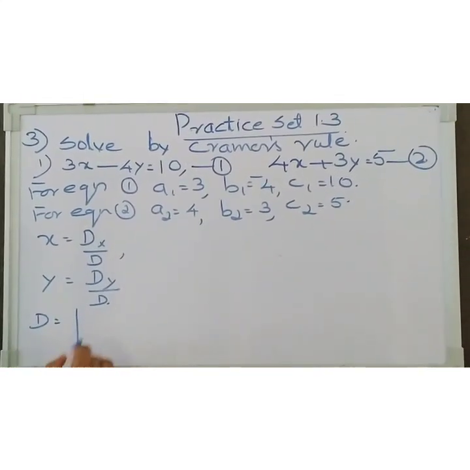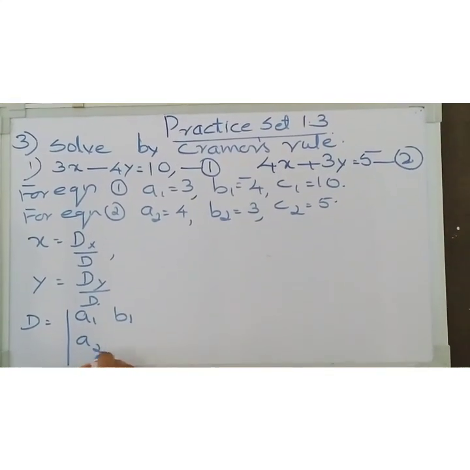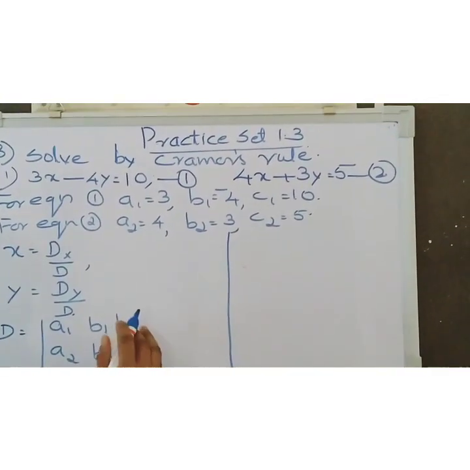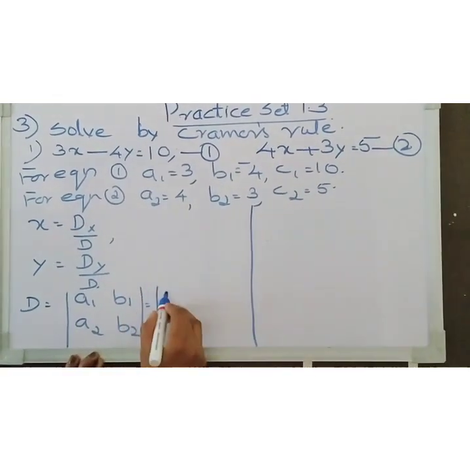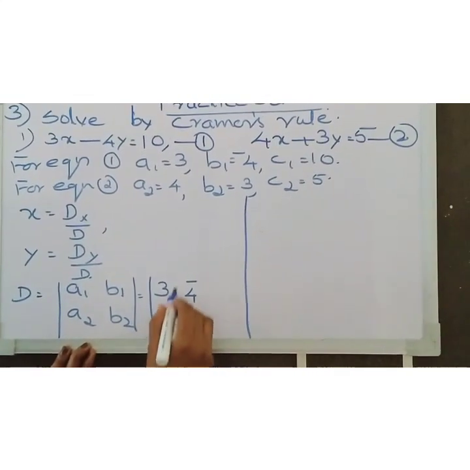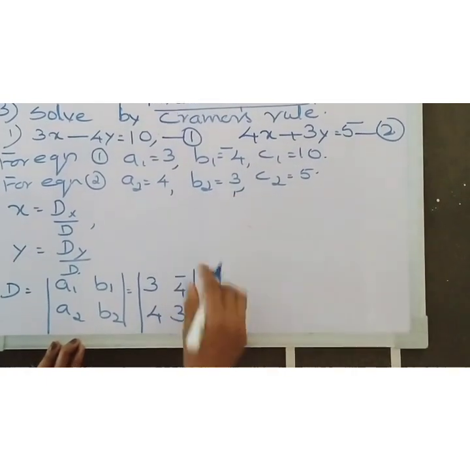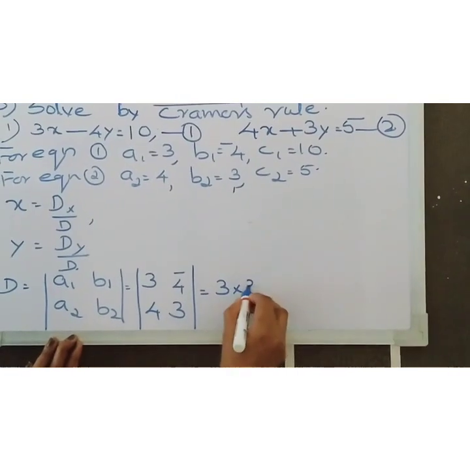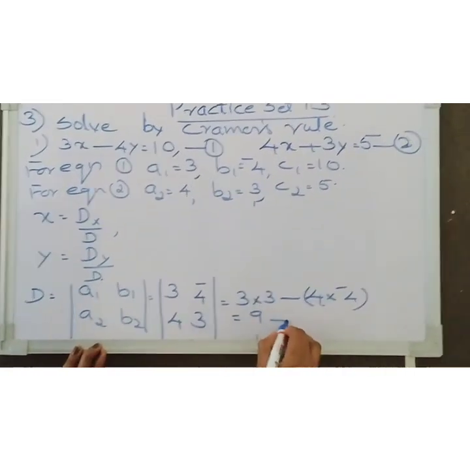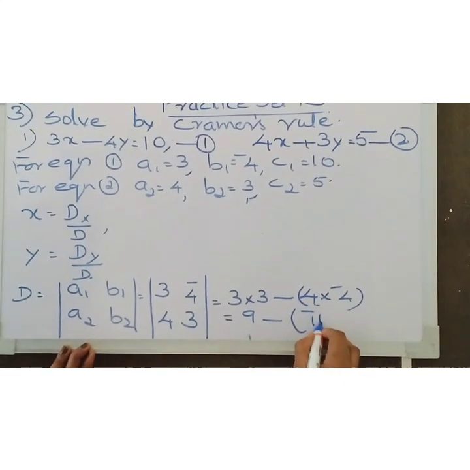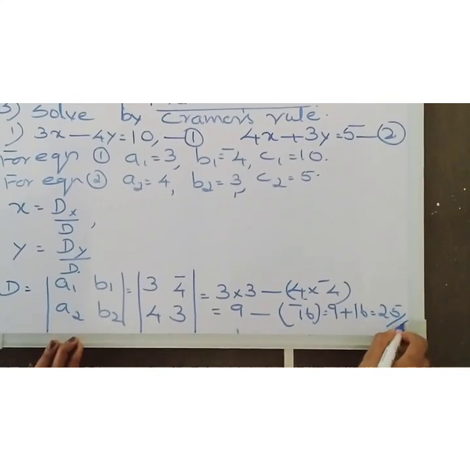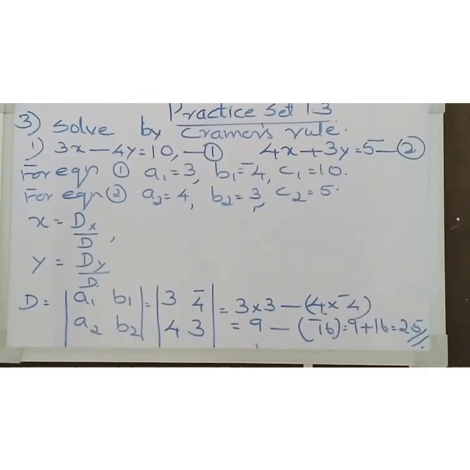D equals the determinant of a1, b1, a2, b2, that is 3, negative 4 and 4, 3. The answer is 3 into 3 minus 4 into negative 4. 3 threes are 9, 4 fours are 16, minus into minus is plus, so 9 plus 16 is 25. D is equal to 25.